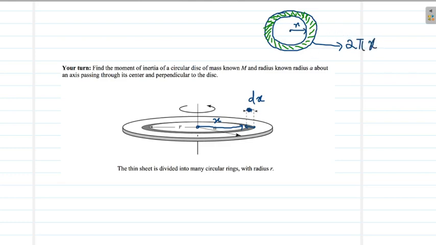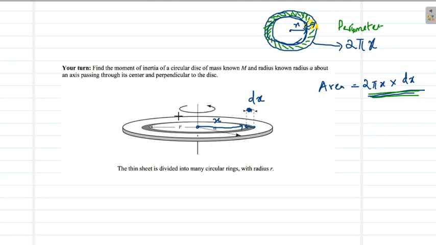And if dx is the thickness of this ring, area is given by the perimeter multiplied by the thickness, a kind of length into breadth effect. 2 pi x is the total perimeter and dx is the thickness of the annular ring. So 2 pi x is the perimeter and 2 pi x dx will be the area of the annular ring.